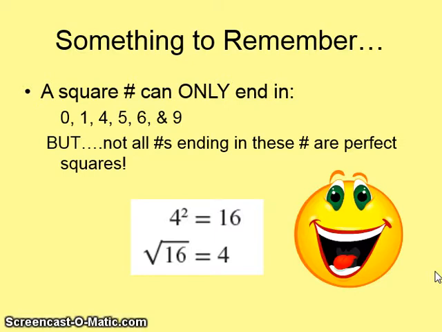However, not all numbers ending in these numbers are perfect squares. 16 is a perfect square because if we multiply 4 by 4, we get 16. Likewise, the square root of 16 is 4. 16 ends in a 6, so it's a good candidate for a perfect square. However, if we go to the next number that ends in a 6, 26, it's not a perfect square because there's no integer that we can multiply by itself to get 26.